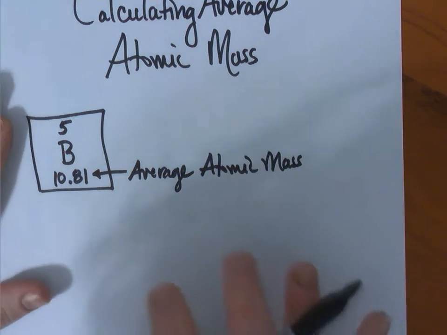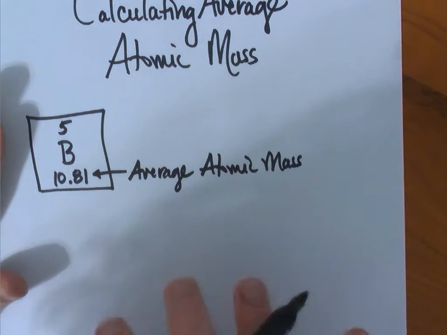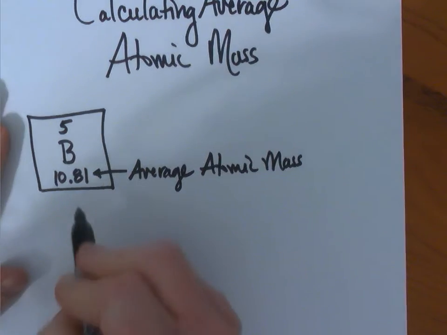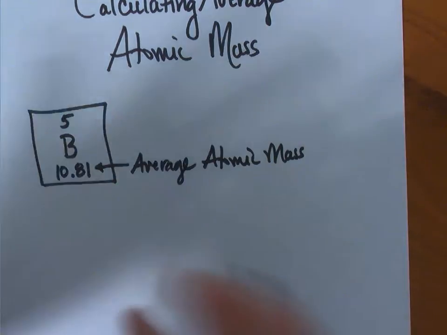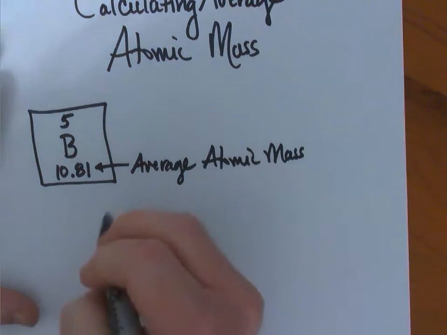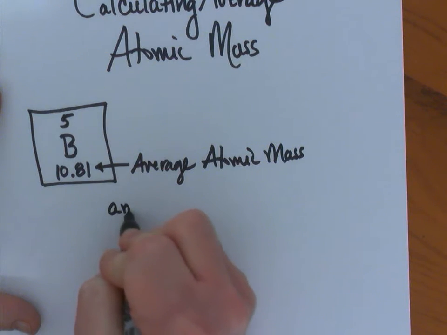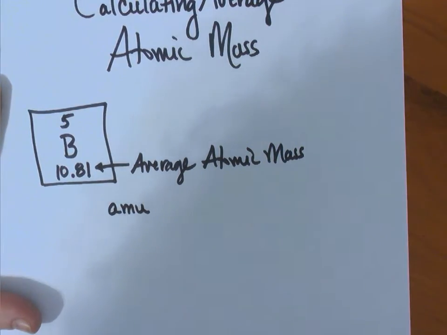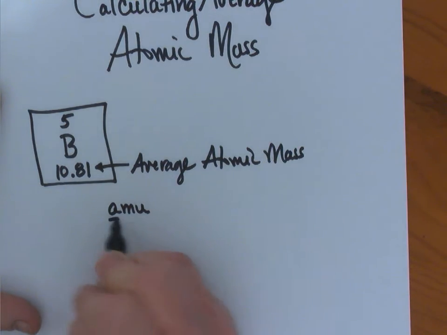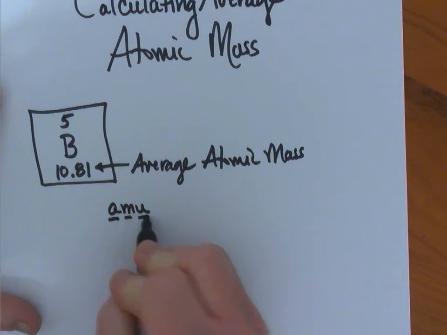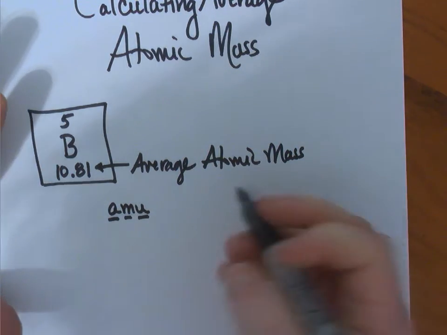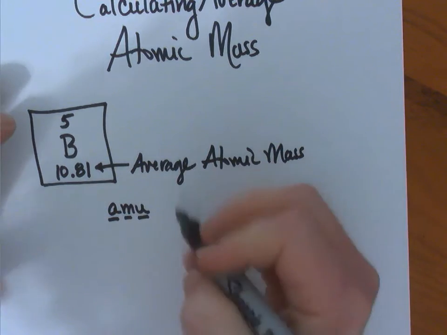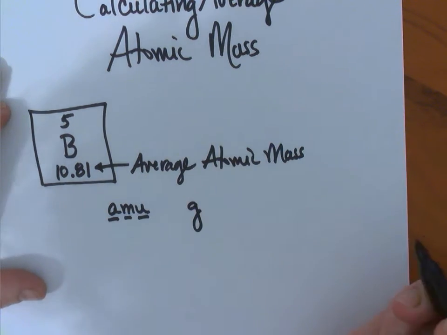And so to show us how we get that, first, in Unit 3 only, Chapter 3, we will deal with the unit of an AMU. This stands for Atomic Mass Unit. We know commonly that when we're dealing with mass, the base unit is gram.